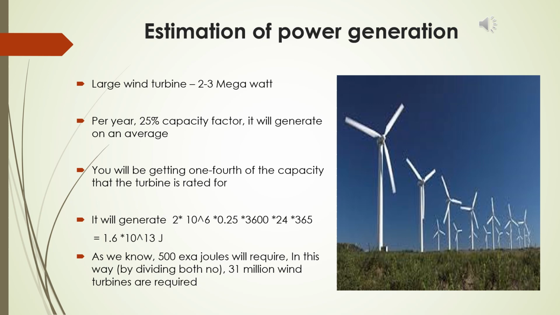As we already know that the total human consumption per annum is 500 exajoule. So if we are calculating how many wind turbines are required to fulfill this particular amount of energy, by dividing both the numbers, we can get the number of wind turbines.